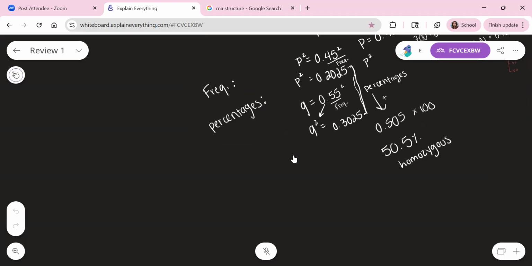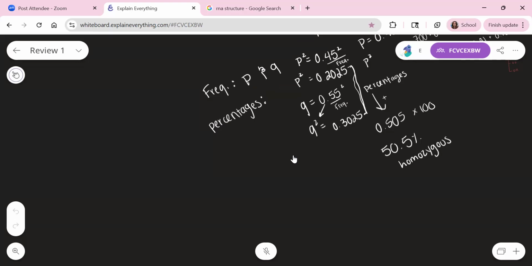I want to see how I can make this easier. The frequency is just going to be P and Q, just your plain values, not squared.